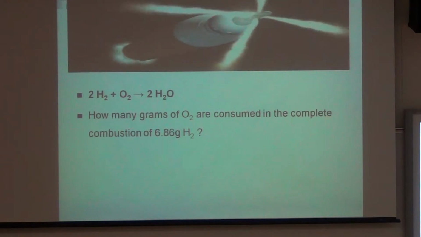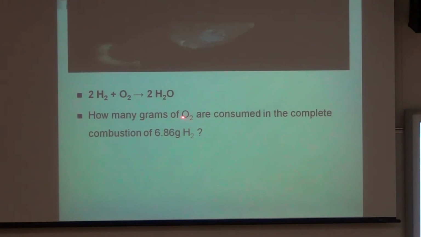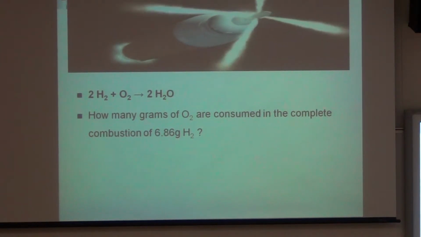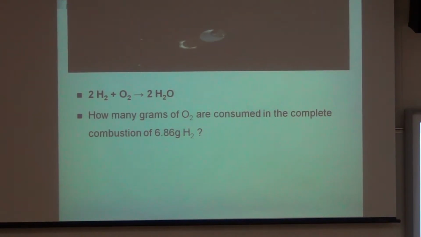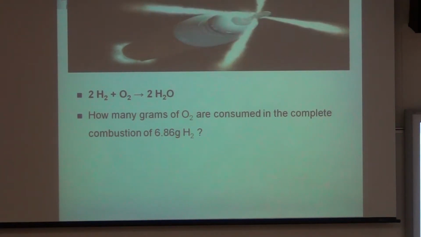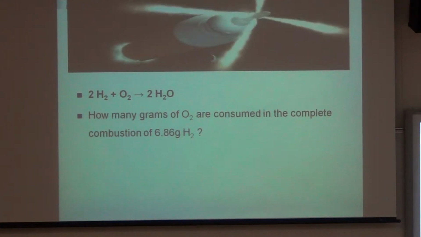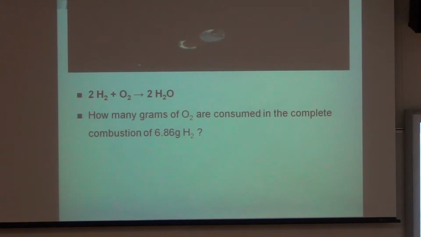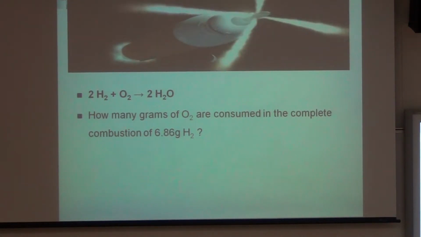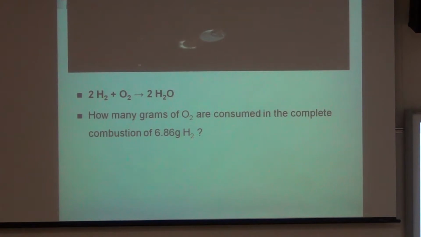If this was given in words, if it said how many grams of oxygen gas are consumed in the combustion of 6.86 grams of hydrogen gas, please make sure you recognize your diatomics, that it would have to be H2 and O2. I'm giving it to you in this question, but you need to be able to identify your diatomics and read a problem and write your own chemical equation. For most of these, I've given you the chemical equations.